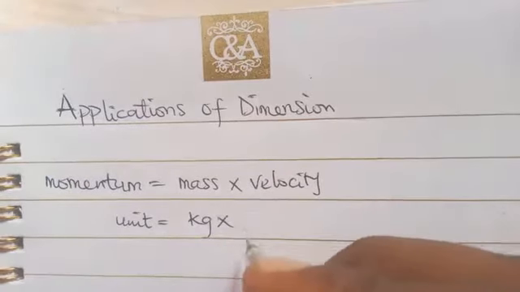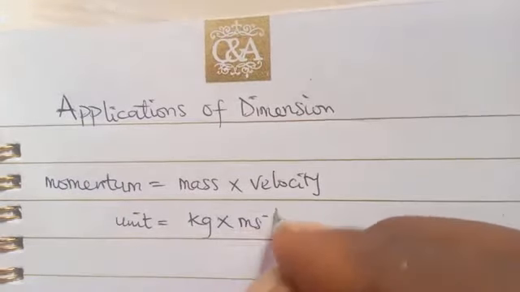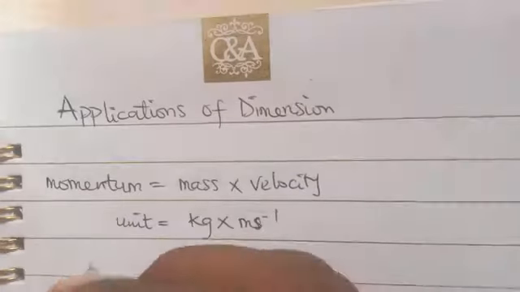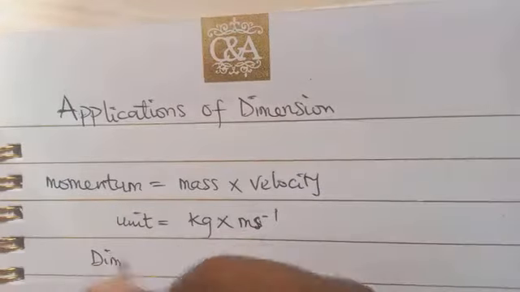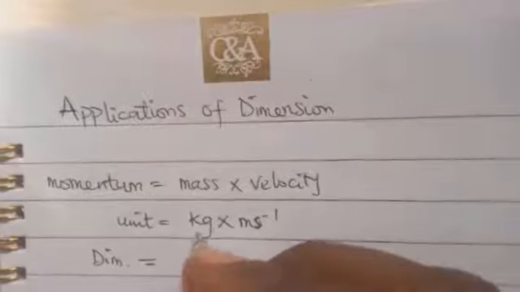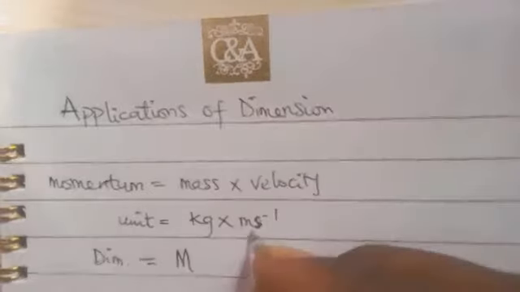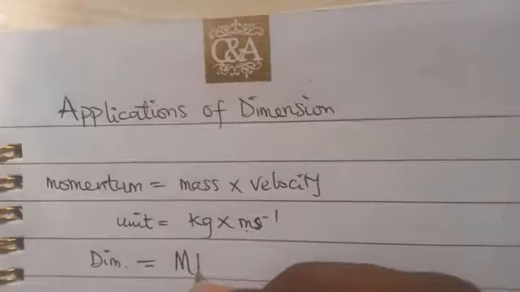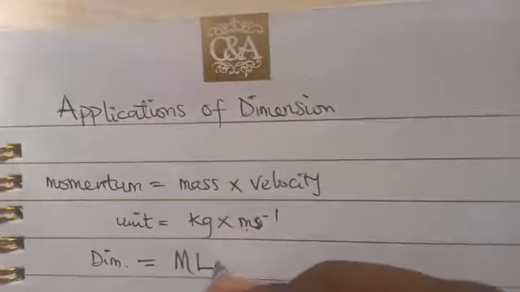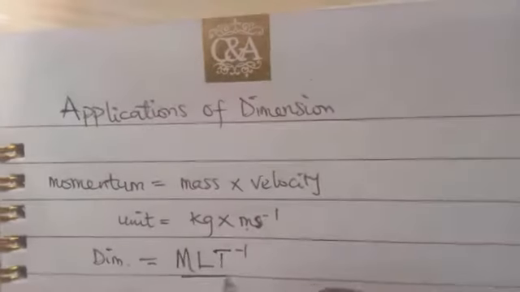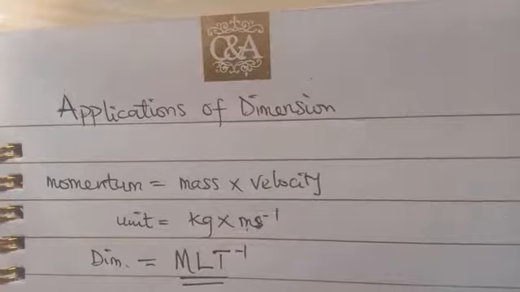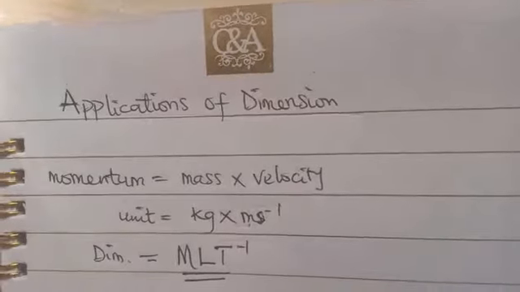The unit of velocity is meters per second. If you represent it in dimension, it's going to be mass. Meters talks about length. Seconds talks about time. So this is the dimension of momentum.